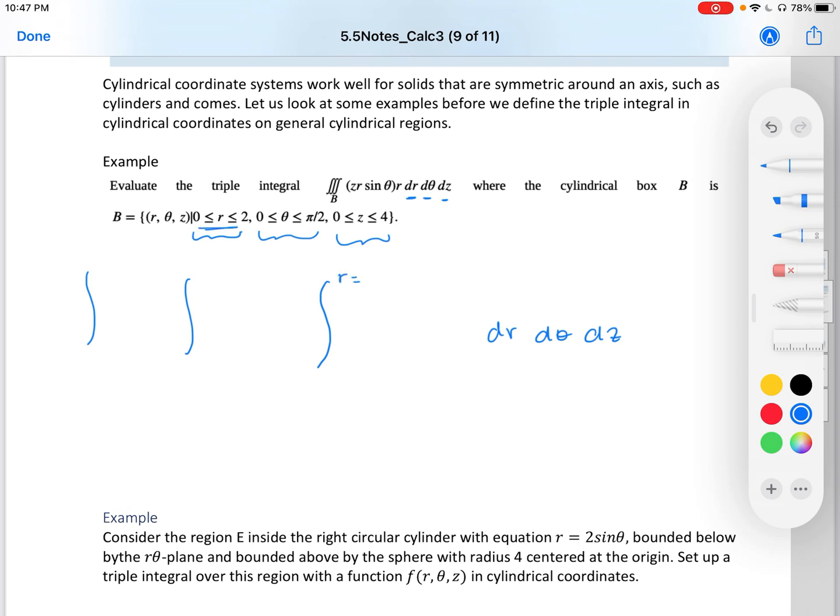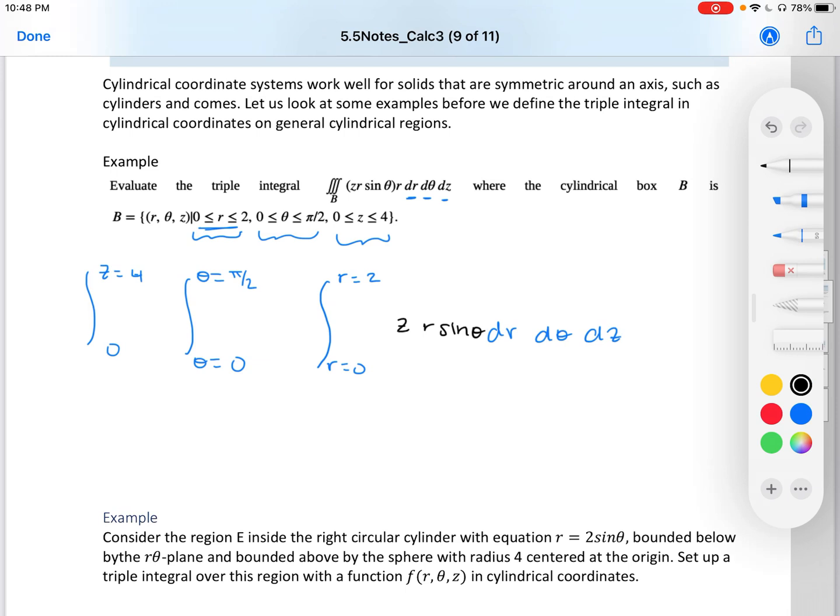R is from 2 to 0, then theta is from pi over 2 to 0, and then z is from 4 to 0. And we're told that we're working with z, r, and sine theta.